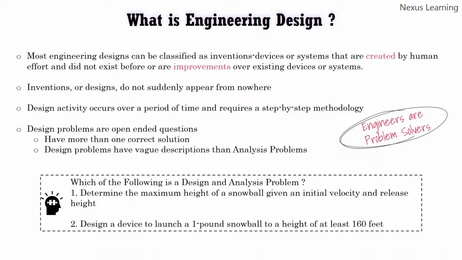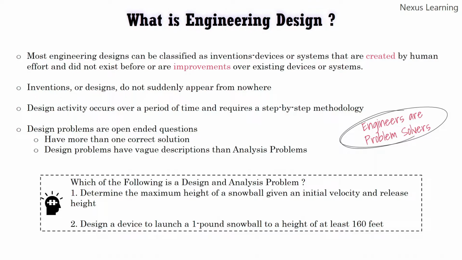So we can discuss that. I have put two sentences over here. We can see what a design problem is and what an analysis problem is. Determine the maximum height of a snowball given an initial velocity and release height. It is a very precise statement that we have to find something, and all the conditions are given.